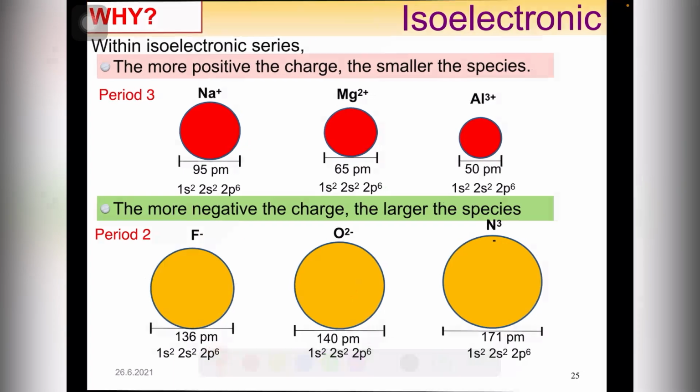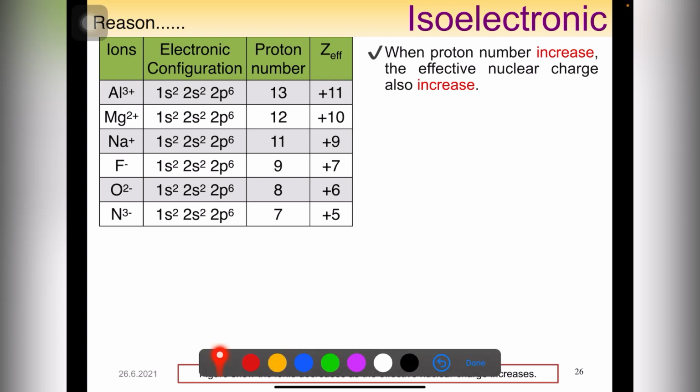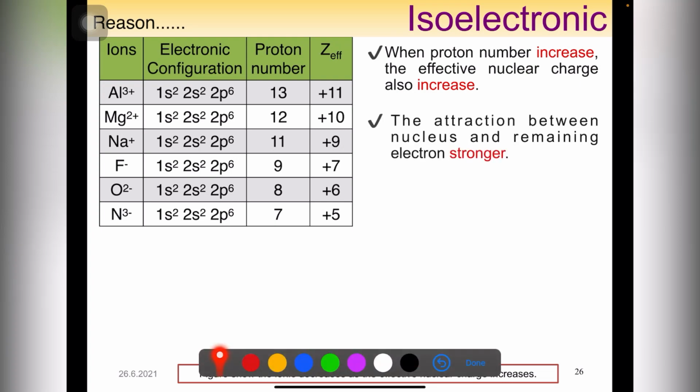So why does it happen? Because when the proton number increases, the effective nuclear charge also increases, and the attraction between the nucleus and the remaining electrons becomes stronger. All these species have the same number of electrons, but the proton number differs, and you can see this is the Z value.